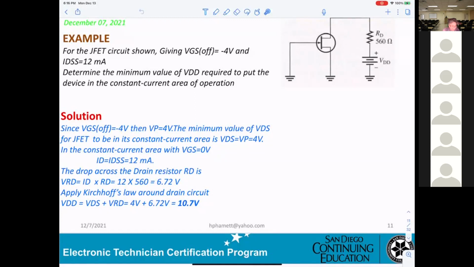Now you can see the solution. VGS off they gave you -4 volt, then VP must be 4 volt.